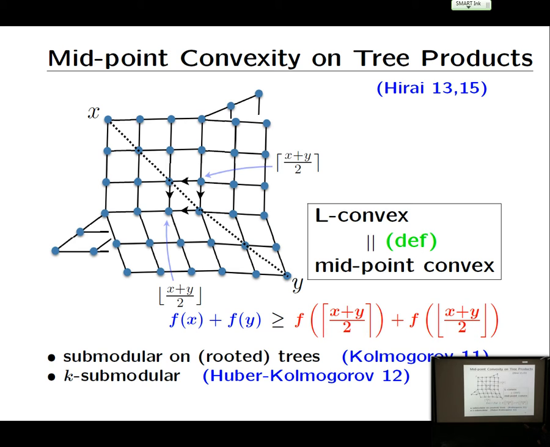And if you look at the second coordinate along this tree, the middle point of x and y is somewhere here. And if this is directed, then we can also define the rounding up and rounding down. So we end up with these two points. So this gives a condition for a function to be L natural convex, L convex on a direct product of trees. So this was the definition.